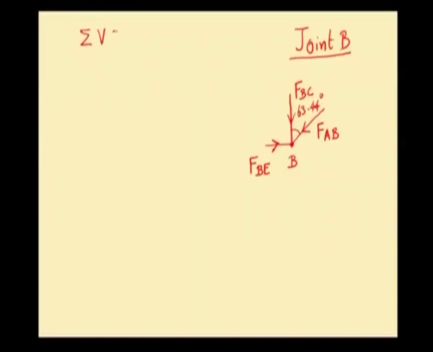Now, let us apply the conditions of equilibrium. The first one is sigma V equal to 0. Now, FBC is a vertical force, it goes in the downward direction. So, negative sign should come for FBC. So, minus FBC. FBE is a horizontal force, hence it does not have any vertical component. Now, we shall find out the vertical component of the force FAB.